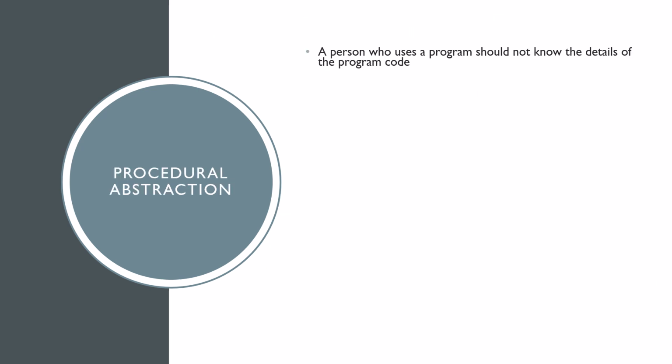Okay, so you don't need to know the implementation or the definition. What you need to know is how to use the function, and that is all set up in the function declaration or prototype. This is called procedural abstraction.